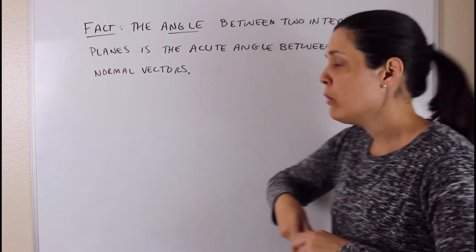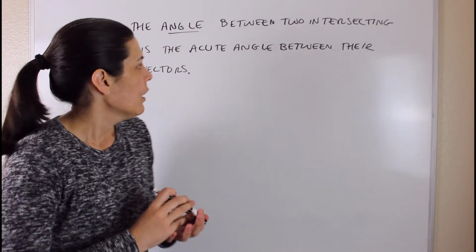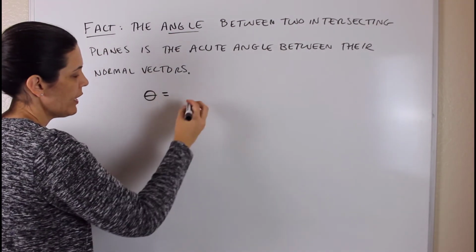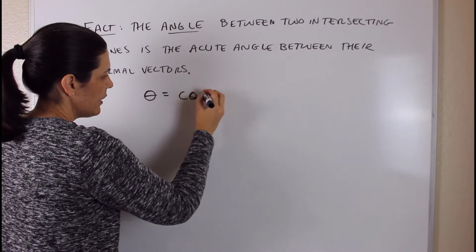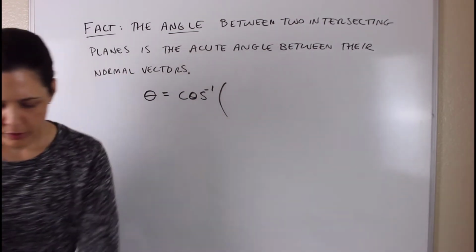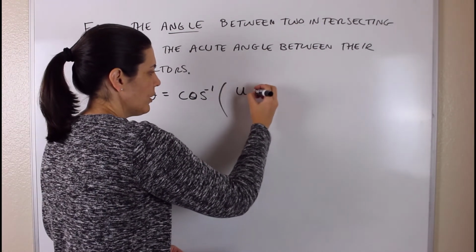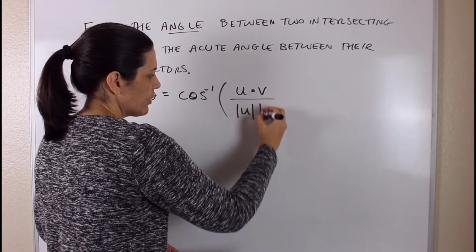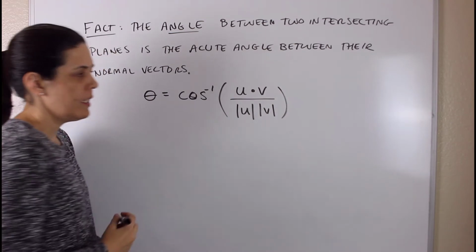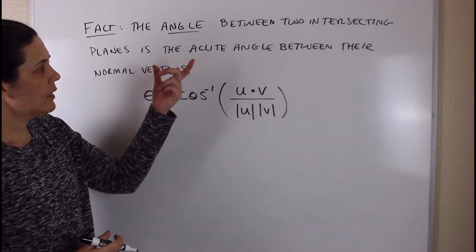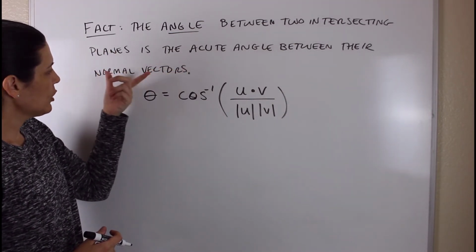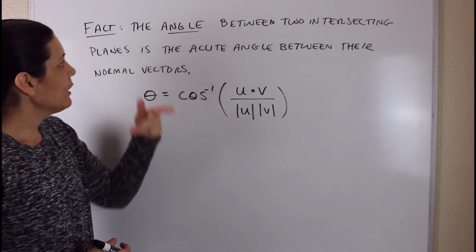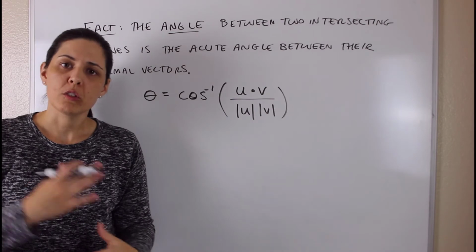If you recall, the angle between two vectors was cosine inverse of the dot product of the two vectors in the numerator, divided by the magnitudes of those vectors in the denominator. So if we have two planes that intersect, as long as we know their normal vectors, we can use them in this calculation and know the angle between those two planes where they intersect.